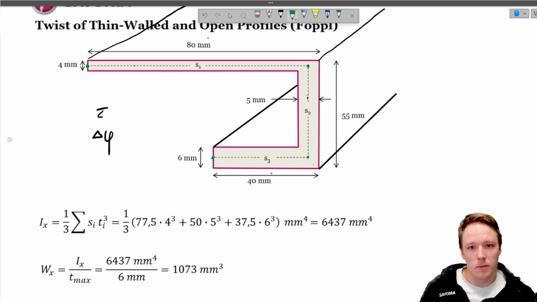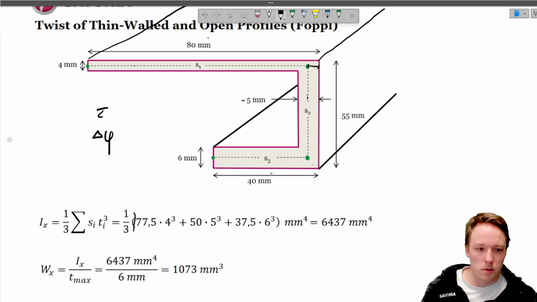So for example, S1. The S1 in this case is 80 millimeters minus half of the thickness from here. So we have to reduce this one, and we can calculate the length of S1. And from this equation you can see that in here we have S1.